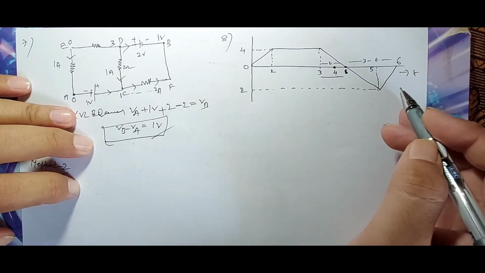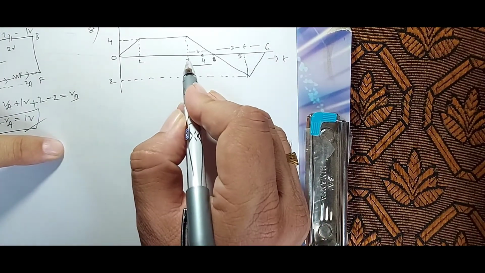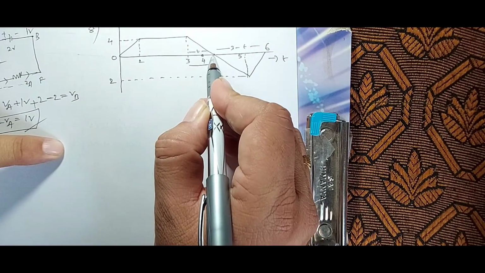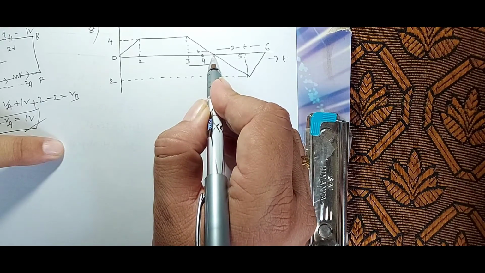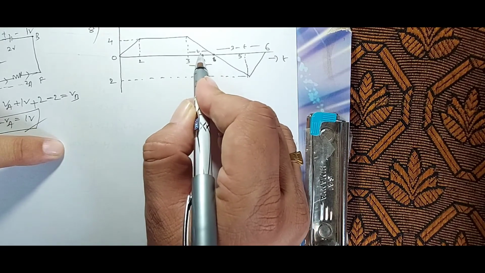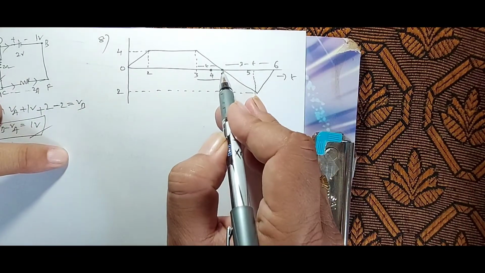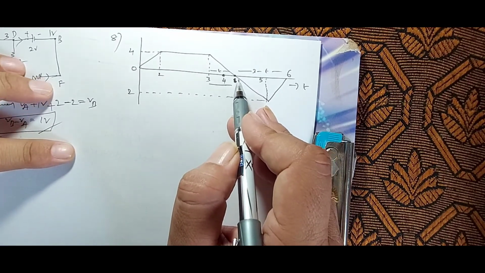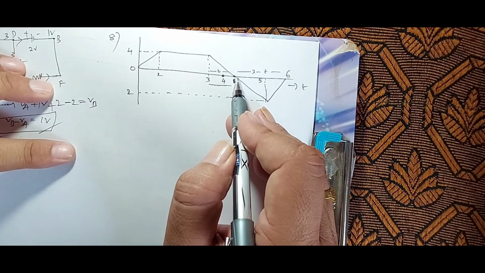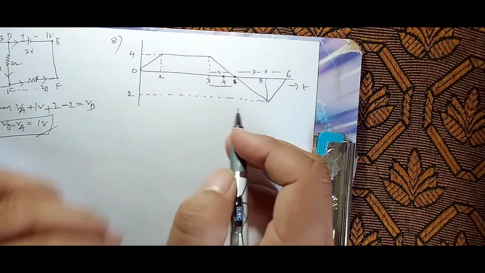Right. Now, this is a graph. So this point up to 3 seconds, we assume the time is t. Already this time is given in the question paper, but that is given in decimal 4.33, so by doing the calculation, it is very difficult.